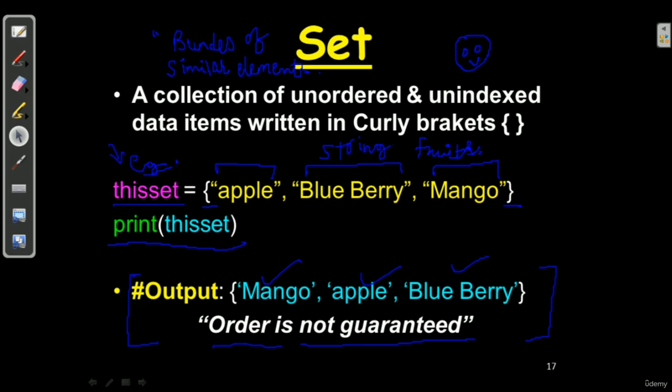When you type this set equal to apple, blueberry, mango in the very same sequence and print this set and run it multiple times, you are able to see the shuffling. All the time you are guaranteed to get the three elements, but their order is not guaranteed.